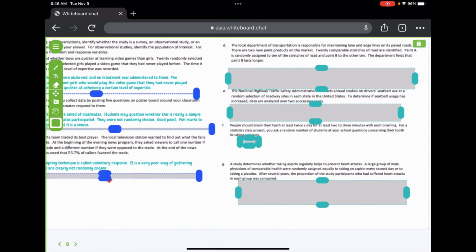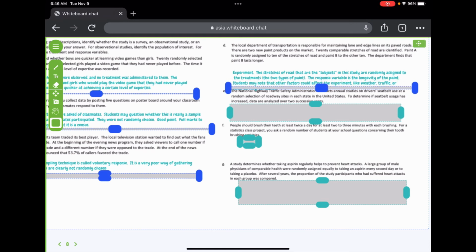D says, the local Department of Transportation is responsible for maintaining lane and edge lines on paved roads. There are 2 new paint products on the market. 20 comparable stretches of road are identified. Paint A is randomly assigned to 10 of the stretches of road and paint B to the other 10. The department finds that paint B lasts longer. Well, you've got treatments and you've got responses that you're looking for.